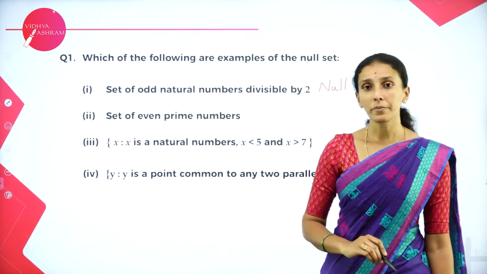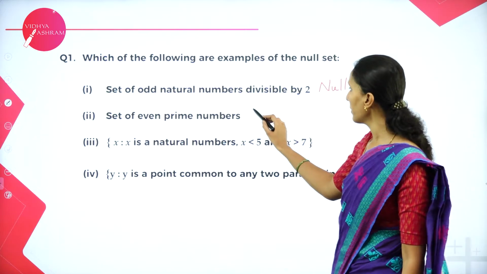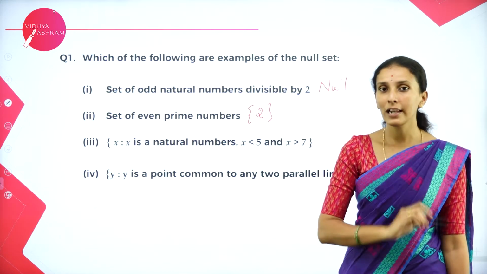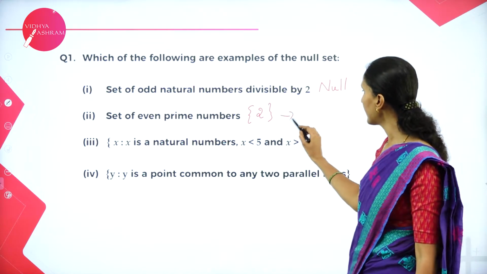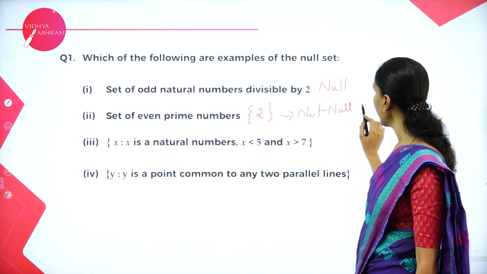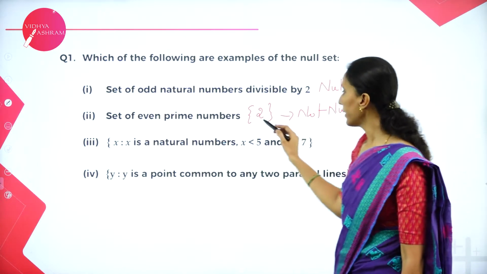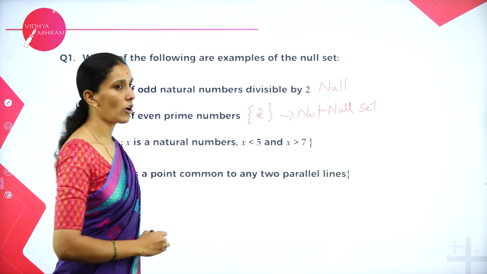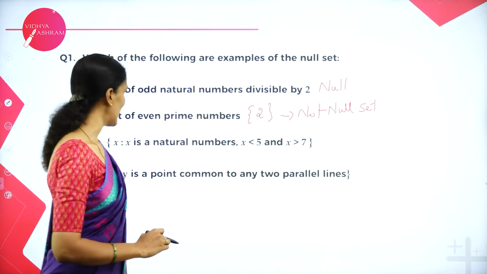Set of even prime numbers. The only even prime number is 2. You have one element in it. So this is not a null set. A null set means it should not contain any element. But here you have the element 2. So therefore, this is not an example for a null set.